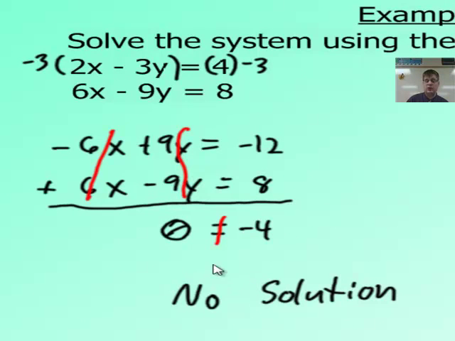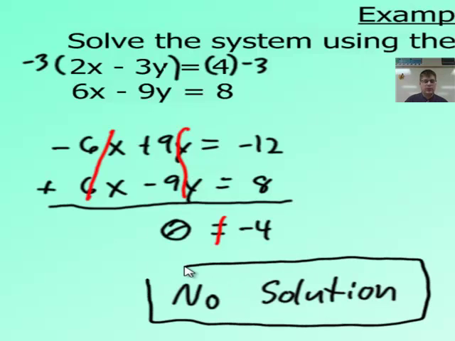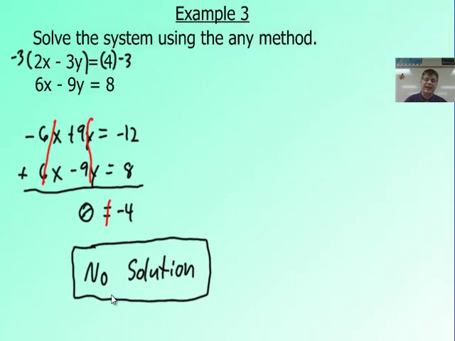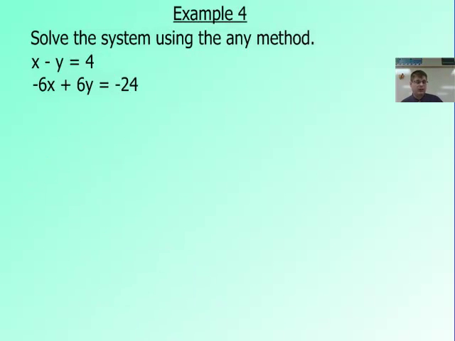When our variables are gone, and we're left with a false statement, we have no solution. So what does this look like on a graph? Well, that's going to be our parallel lines, because there is no point in common between those two lines. So that's what it would look like algebraically.